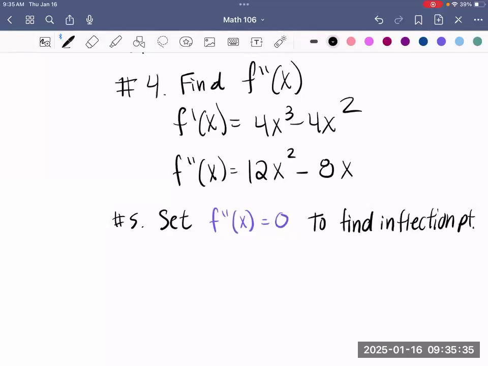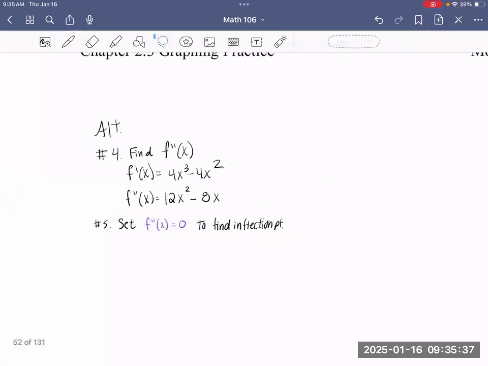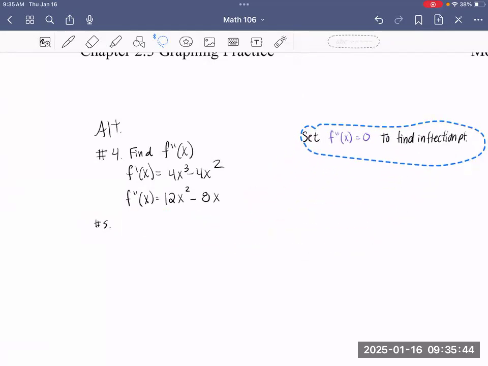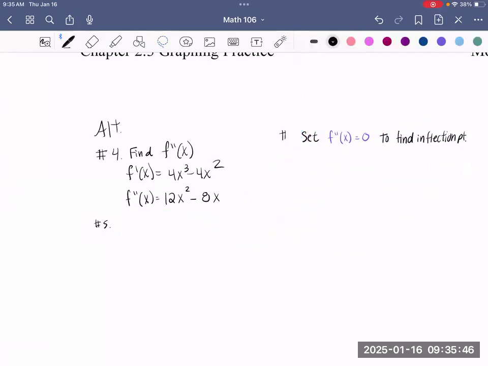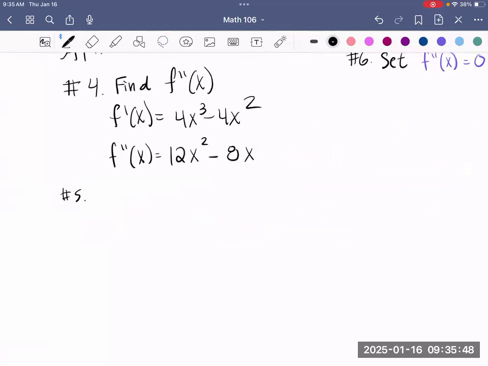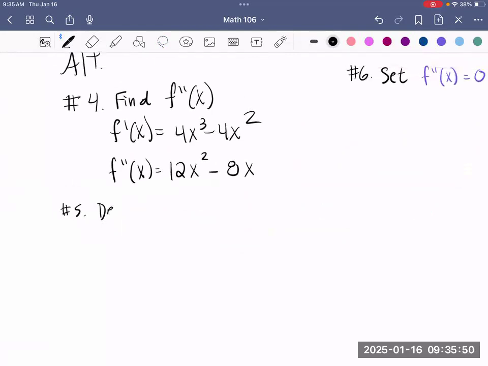Which we may as well do, but I'll probably throw that over to the other side. Maybe that's number 6. So from here, determine concavity of critical values.